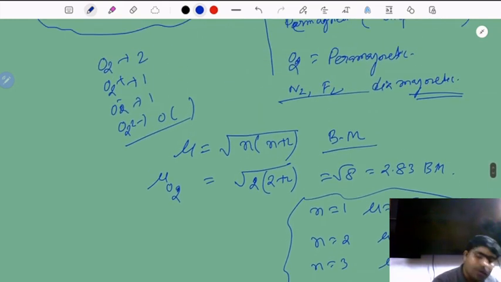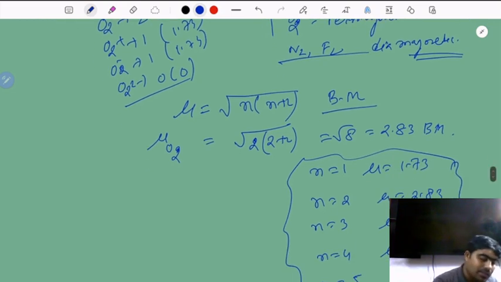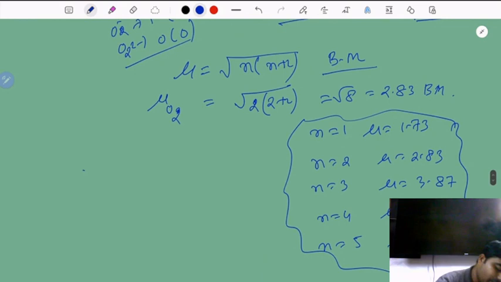In O2, how many unpaired electrons? 2. So the value will be 2.83. Here it will be 1.73. It is also 1.73 and it is 0. So you can easily arrange which one is more and which one is less. Which one has the highest magnetic moment? O2. Then O2 minus equal to O2 plus, and after that O2 2 minus, which is 0.